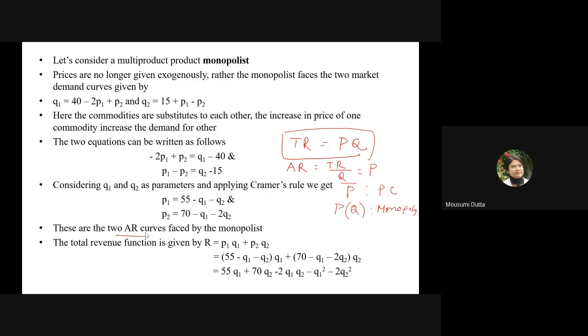So please find out del pi by del Q1, del pi by del Q2, set the values equal to 0, and find the optimum Q1 star and Q2 star.